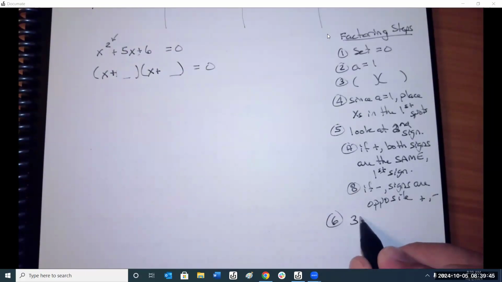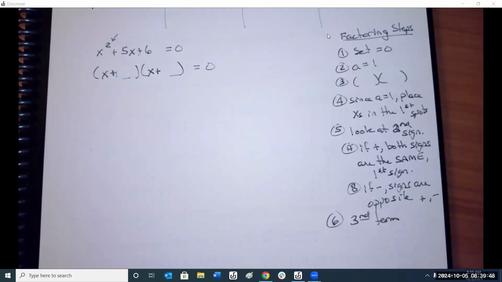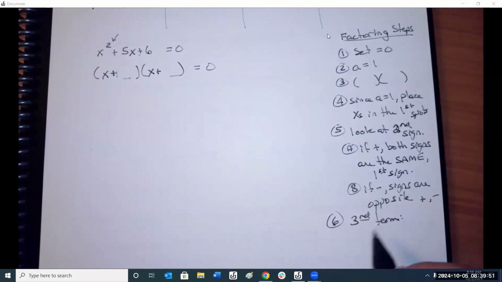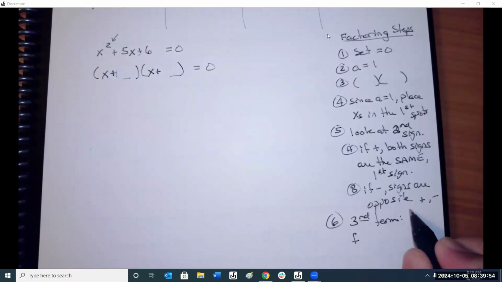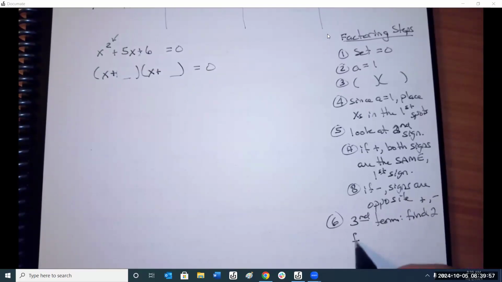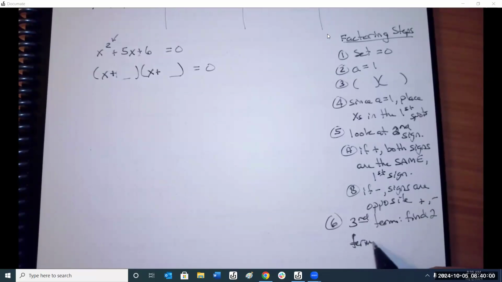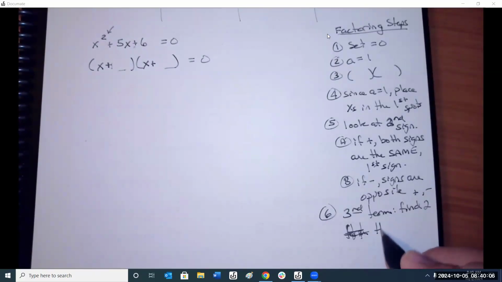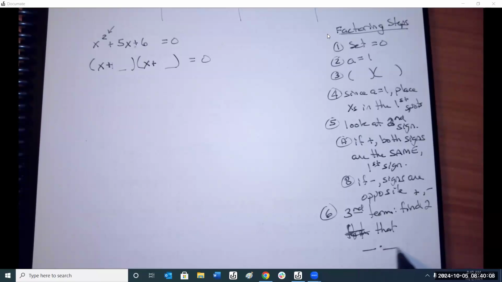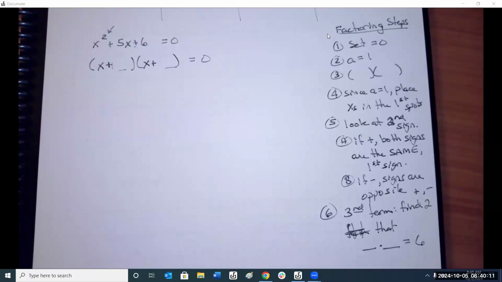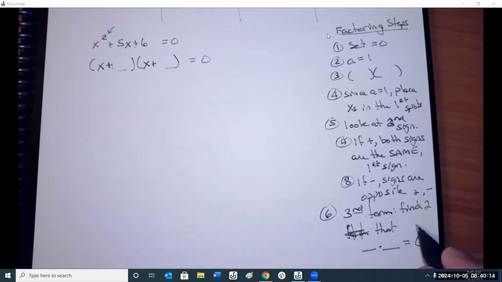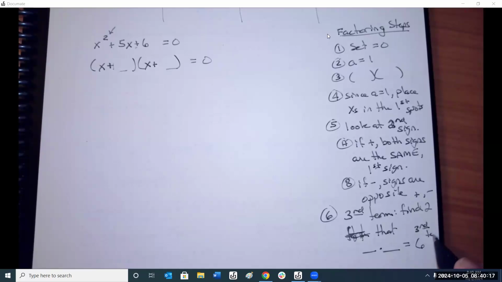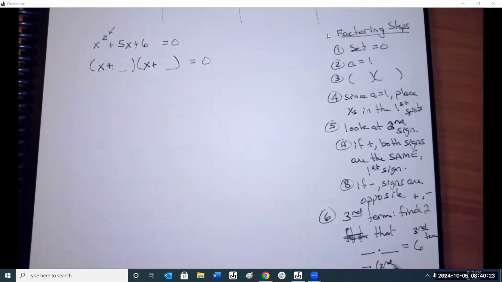Now we look at the third term. Find two numbers that when multiplied equal your third term, and then when you add or subtract them, you get the middle term.